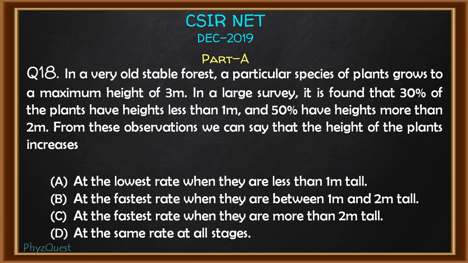Based on these observations, we need to find out whether the height of the plant increases at the fastest rate or at the lowest rate in a particular range of their height. So let's move ahead with the solution.